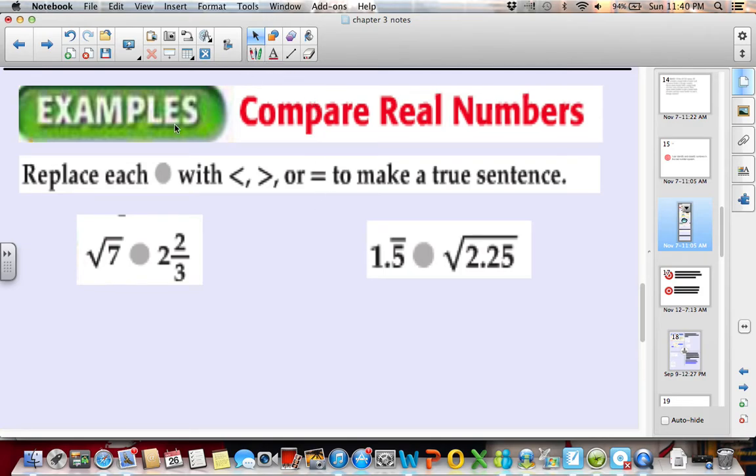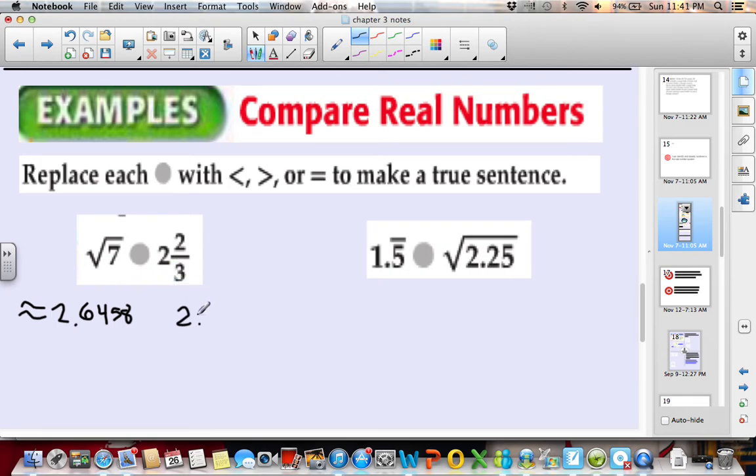I am going to round it to, I'm going to have it be approximately 2.645.